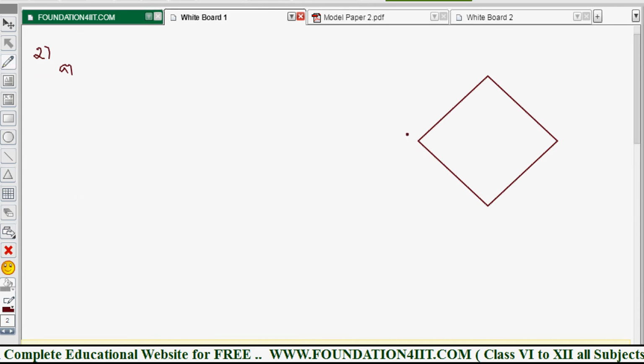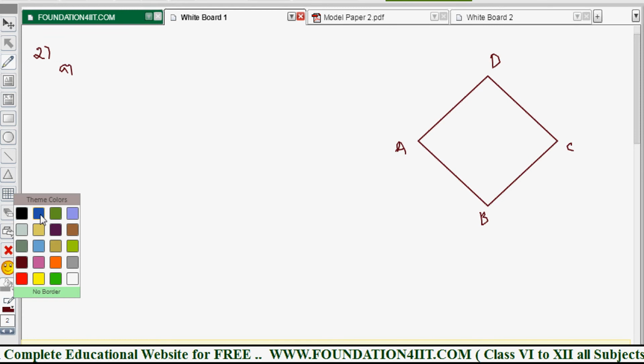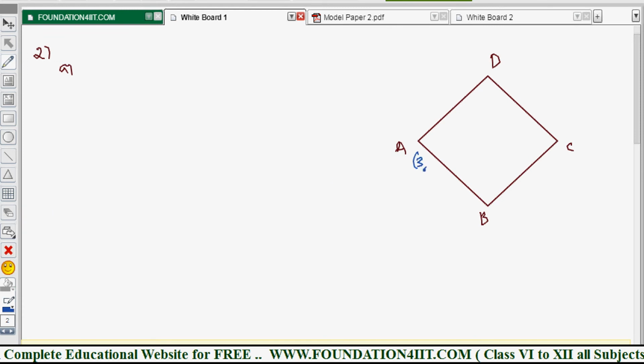So here take letters A, B, C and D. A is given 3 comma 6. So A is the point 3 comma 6. And C is minus 1 comma 2. Okay, these 2 points.